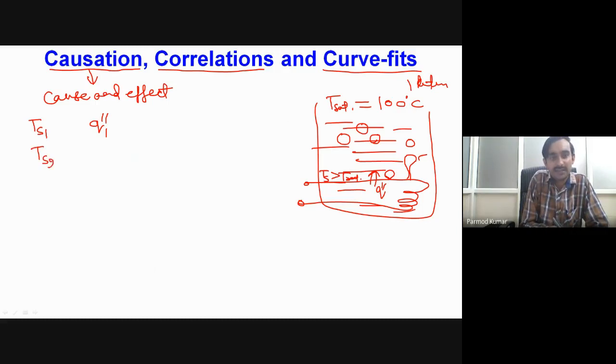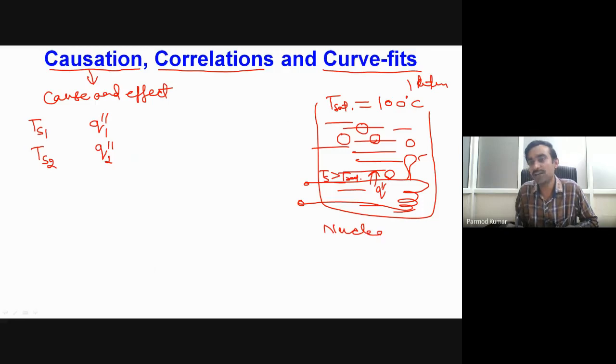Then at another surface temperature Ts2, we will be having another value of heat flux as Q2 double dash. And it is already experimentally proved that when our surface temperature increases, our heat flux will increase. So fundamentally, this is nothing but our phenomenon of nucleate boiling.